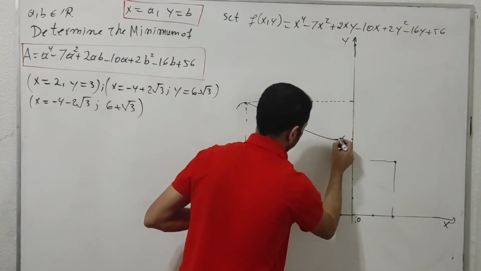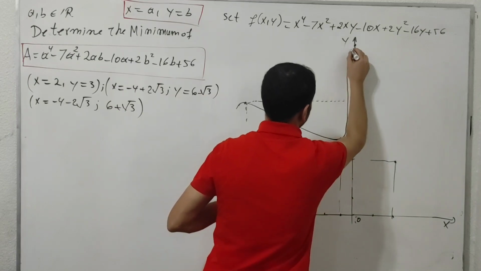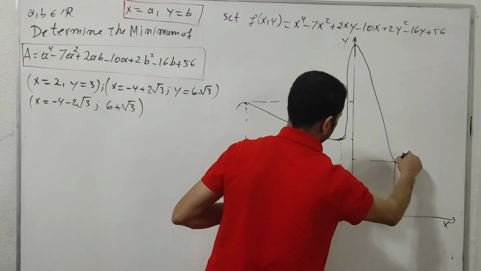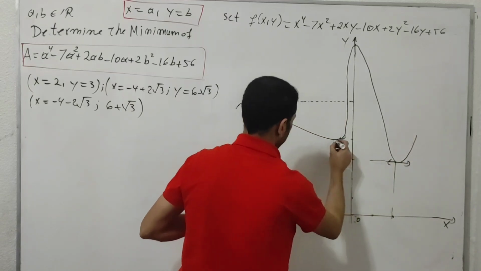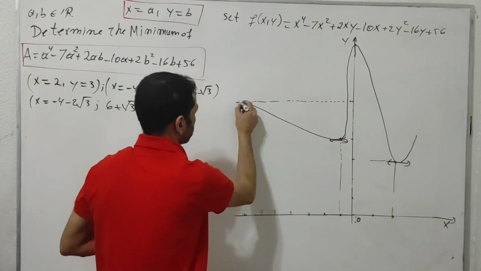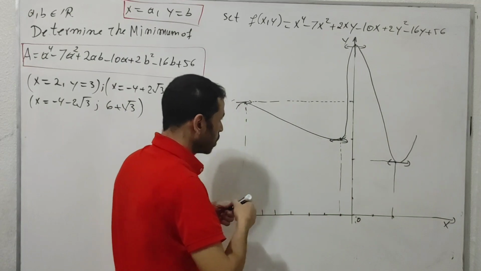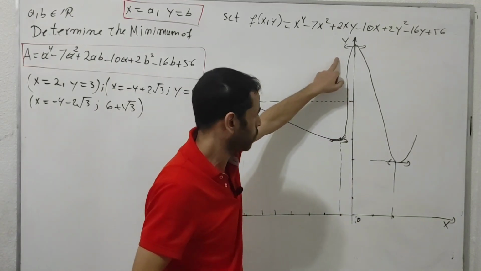When you get to this point, for example, the function starts going up, and when you get to this point it comes down, like this. Here is the minimum. This is the minimum as well. This is the maximum. This is the maximum. Now I found 4 critical points for this function.